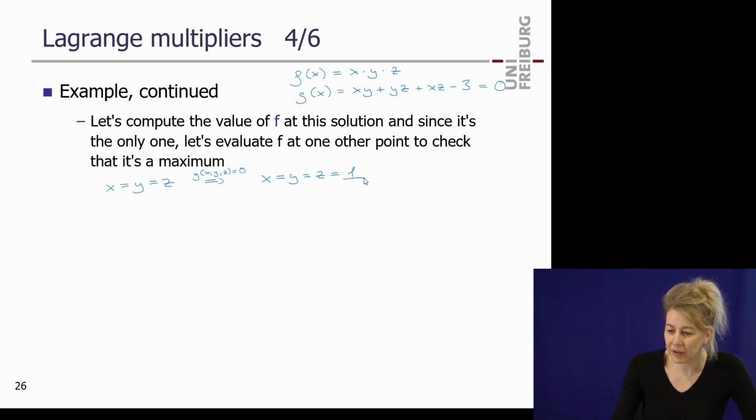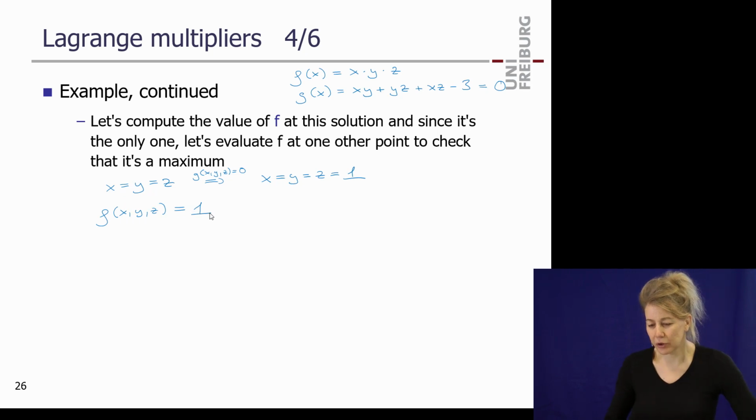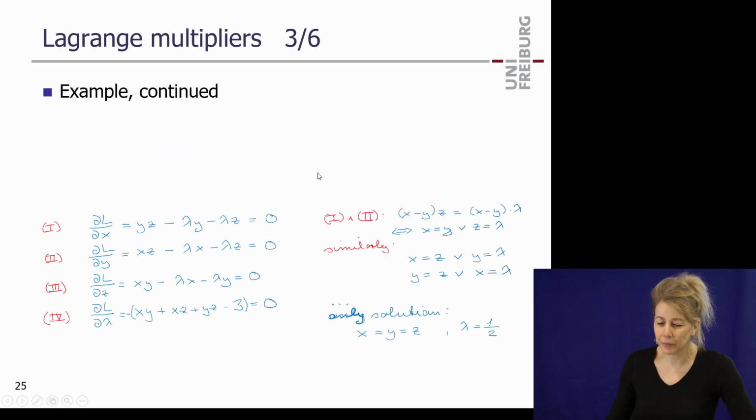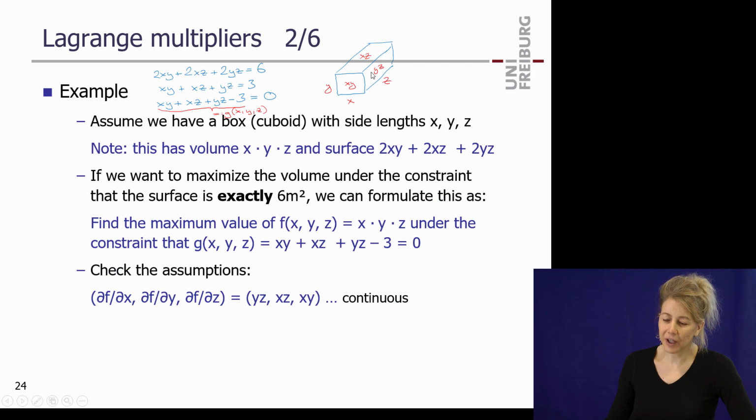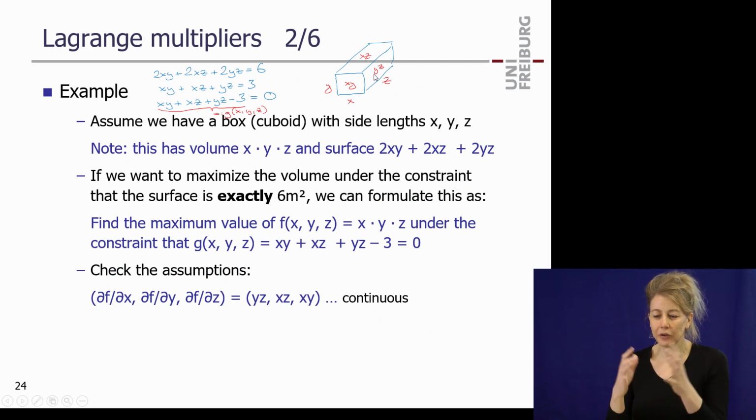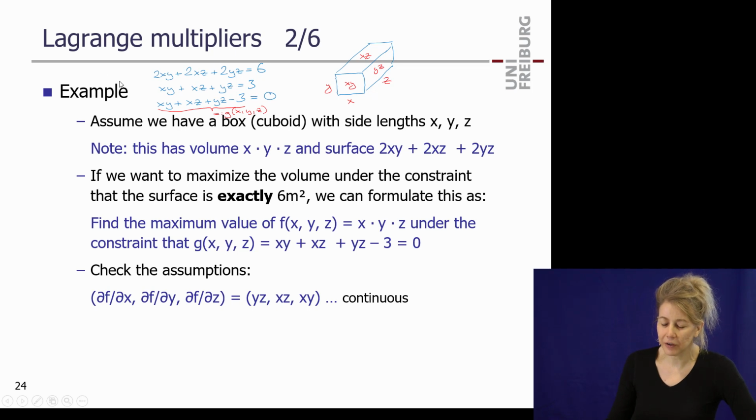Okay, and then we have f of x, y, z is 1. So the answer is that, which is maybe not so surprising, you could probably have guessed it: if you have a fixed surface and you want to maximize the volume, then a cube is the optimal solution. And this is the way to prove it. It's actually not so easy. You need this technique.